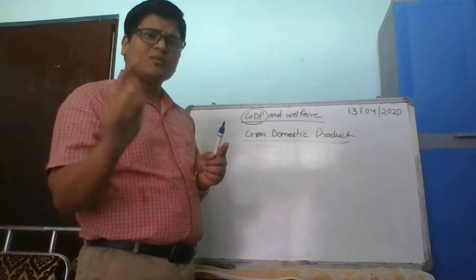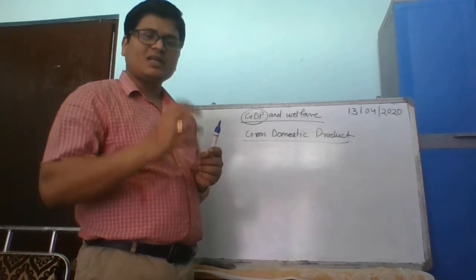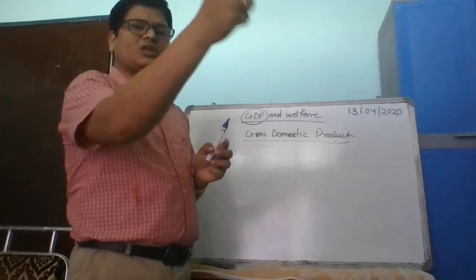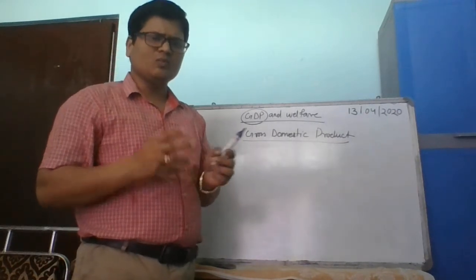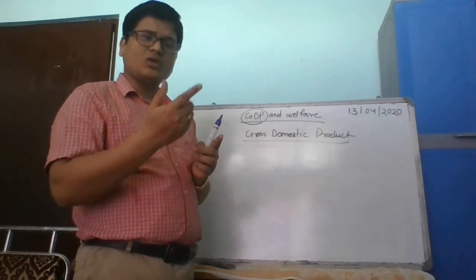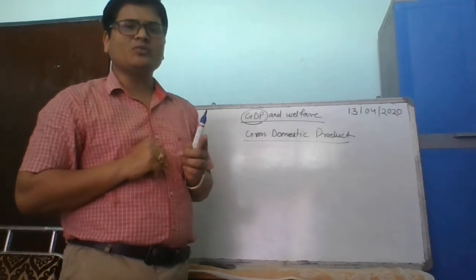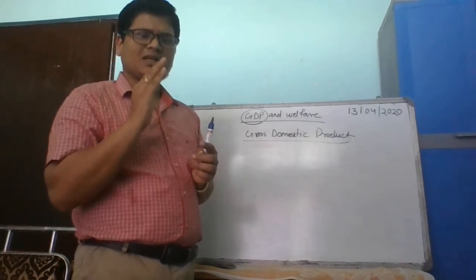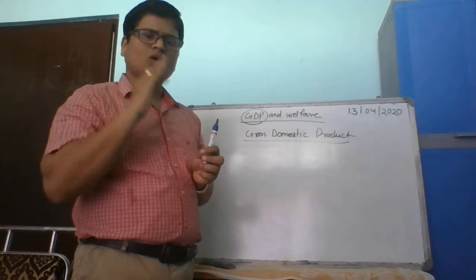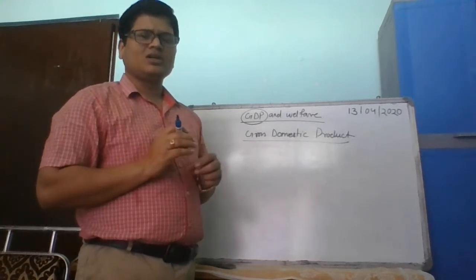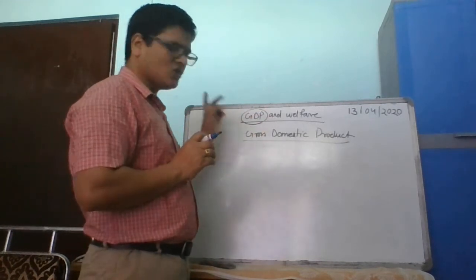But in the case of nominal GDP, either an increase in output or an increase in the price of the commodity increases nominal GDP. Nominal GDP also increases with a decrease in output. So growth in nominal GDP is not a better indicator in comparison to real GDP.